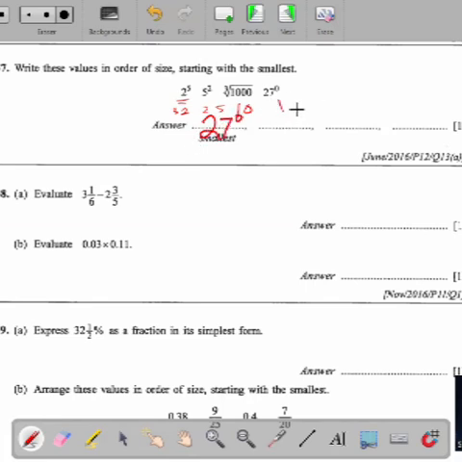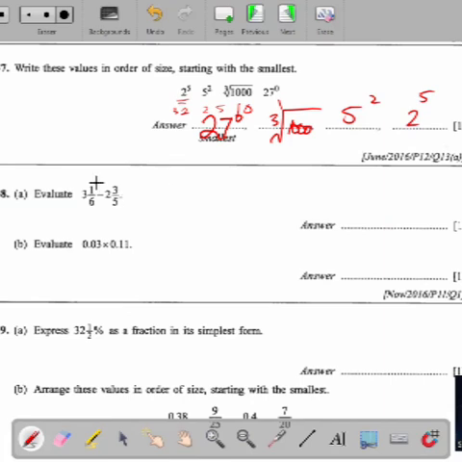After that, 10,000 with cube root. After that, I'm writing 2 power 5 and then 5 power 2. No, I have to change here. 5 power 2 should be first because that is 25. And then should be written 2 power 5, that is 32.